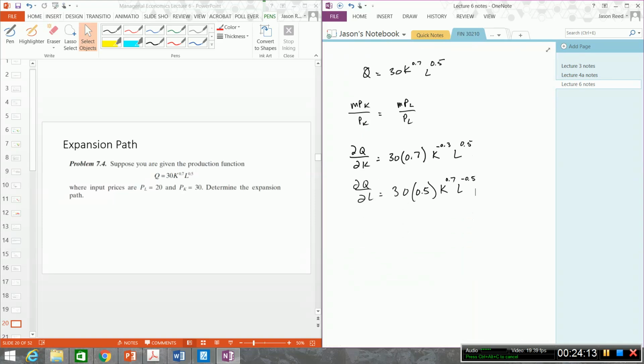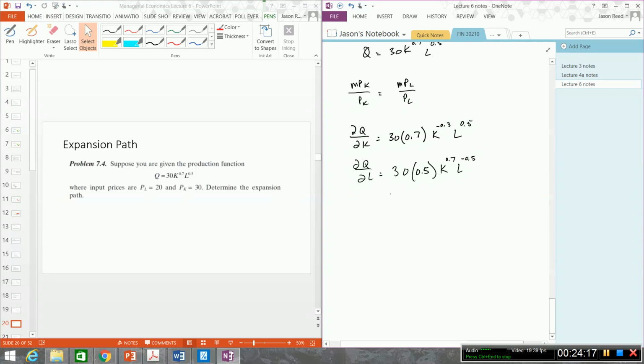So we can start with dQ/dK and dQ/dL and now plug these in, so that we have 30 times 0.7 K to the negative 0.3 L to the 0.5 divided by the price of capital, which is 30. That's going to be equal to 30 times 0.5 K to the 0.7 L to the negative 0.5 divided by the price of labor, which is 20.